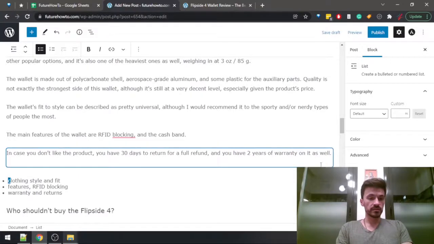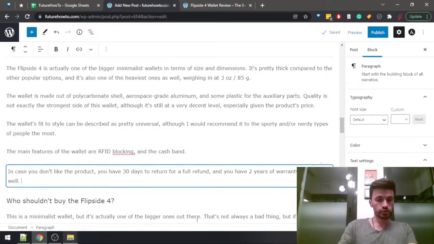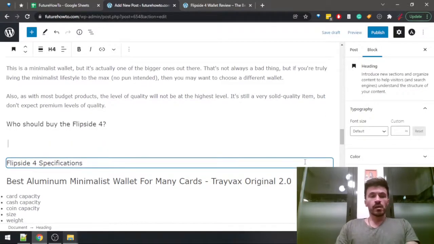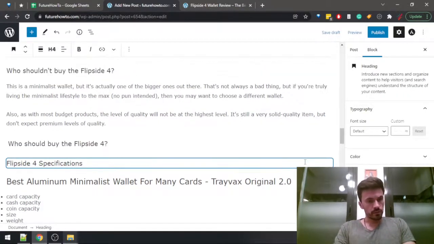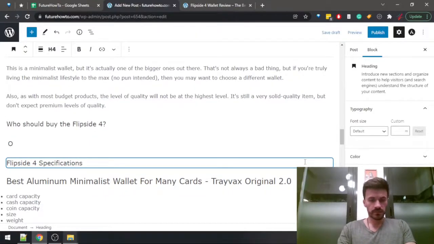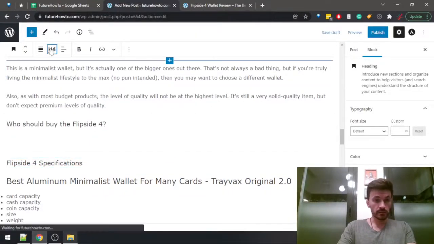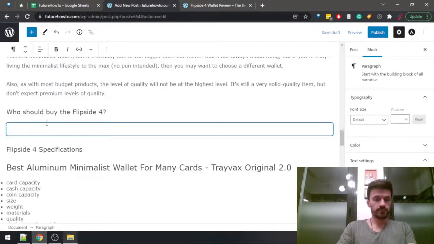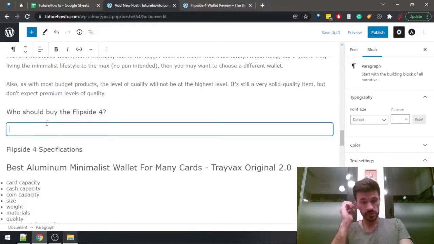We already did who shouldn't buy, so let's do who should buy. Whoa, no. What is going on here? This is not a heading. This is a paragraph. Yeah, WordPress goes crazy sometimes.